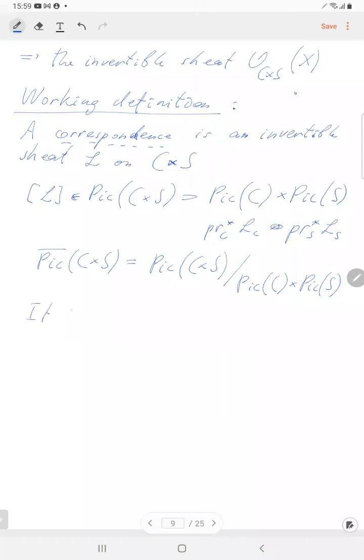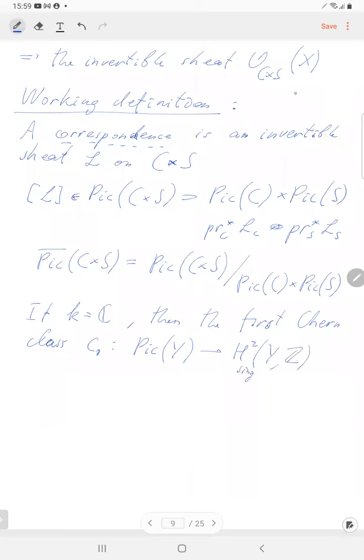Well, if our field K is the complex numbers, then the first Chern class c1, the homomorphism from the Pic group of anything at all, say Y, to the second cohomology group, just Betti singular cohomology of Y with coefficients in Z, but also it goes to the so-called 1-1 part of the Hodge structure of Y with complex coefficients.